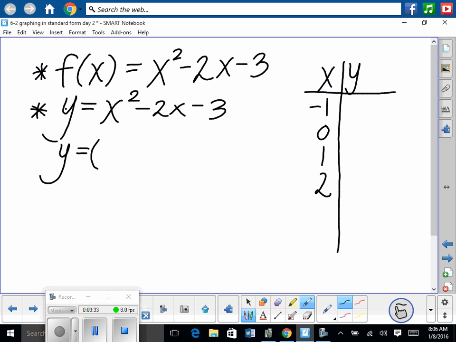Whenever you substitute or plug something in, you have to use parentheses where you substituted. So because I'm plugging in -1 squared, I've got to put parentheses. So (-1) squared minus 2 times -1, minus 3. Now look, isn't all that going to just become numbers? So our y value at -1 is going to be whatever we get.